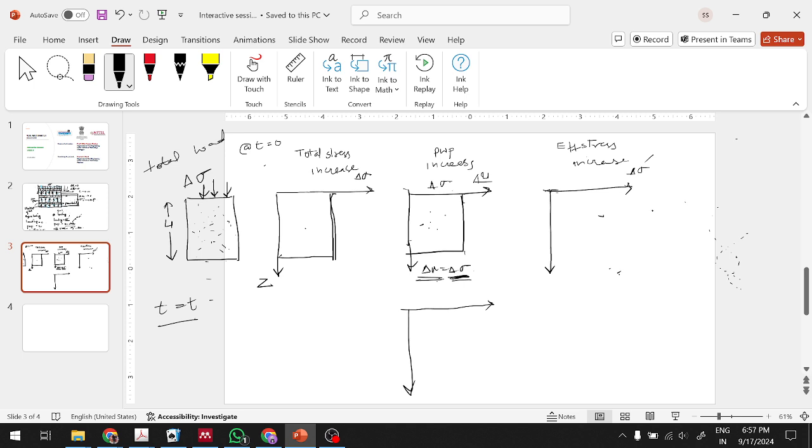You see, we write sigma is equivalent to sigma effective plus pore water pressure, isn't it? Now, this pore water pressure we take due to the water in the pores.